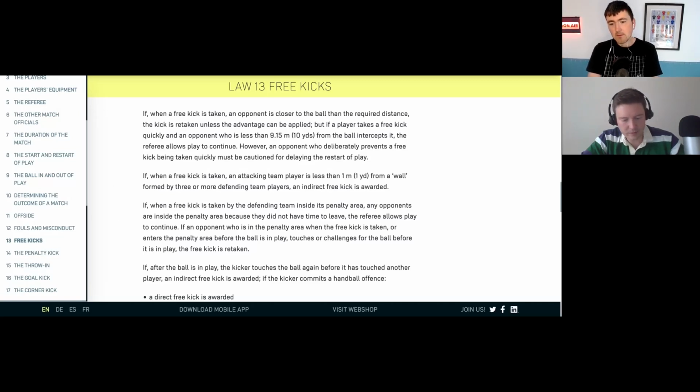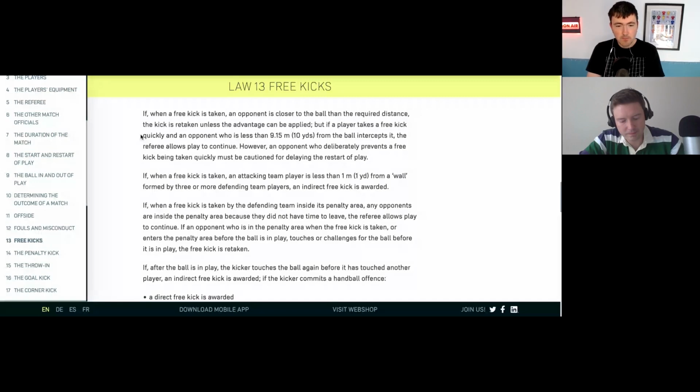But if a player takes a quick free kick and an opponent who is less than 10 yards from the ball intercepts it, not by deliberately being a nuisance but just because they have been retreating and it's taken quickly, he can then go and get the ball, and there's no offence there, and play can continue. So that's your own risk of taking a quick free kick, I suppose.